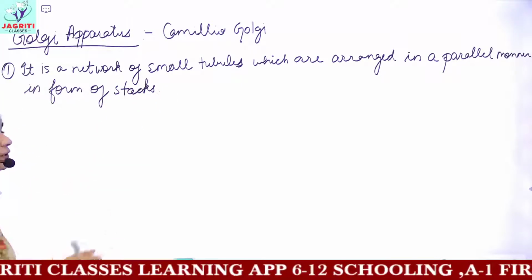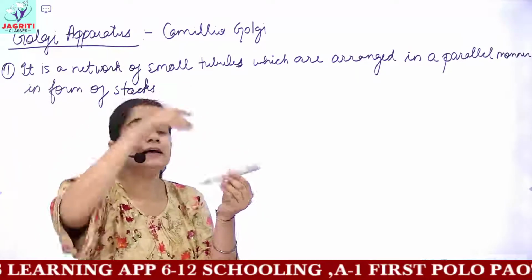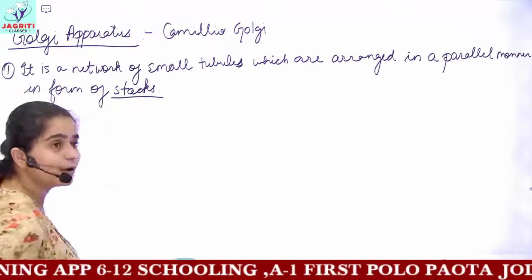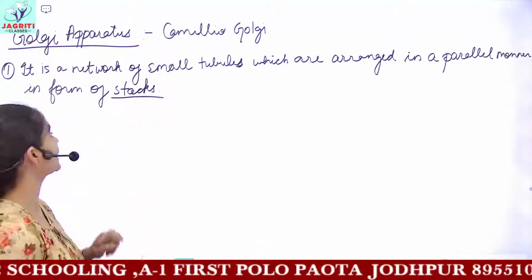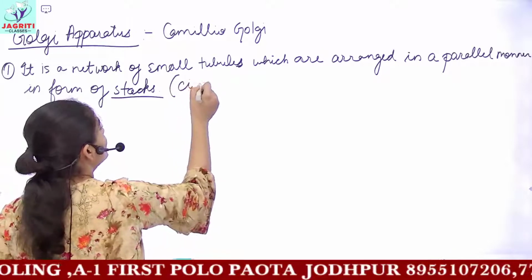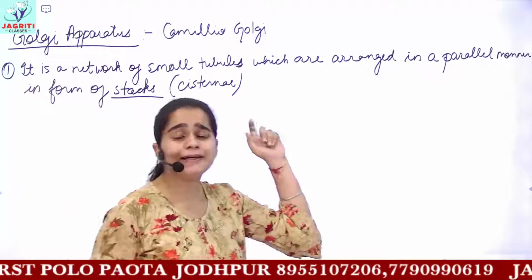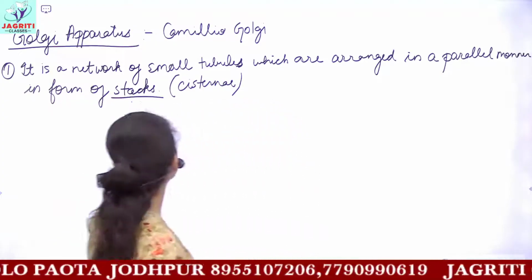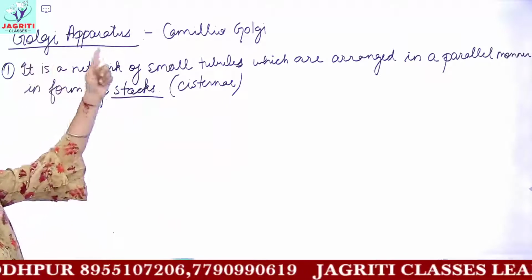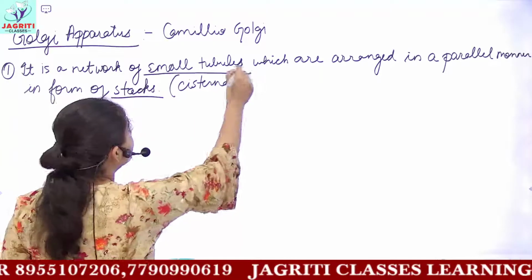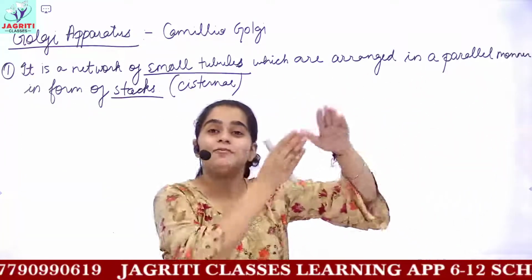What is a stack? When you place one tubule over the other, that is one above the other, you have a stack-like arrangement. Likewise, you form a bundle of tubules. This is called a stack, and these stacks are called cisternae. So cisternae is a type of arrangement observed in Golgi apparatus in which the small tubules are arranged in a parallel manner, one above the other.